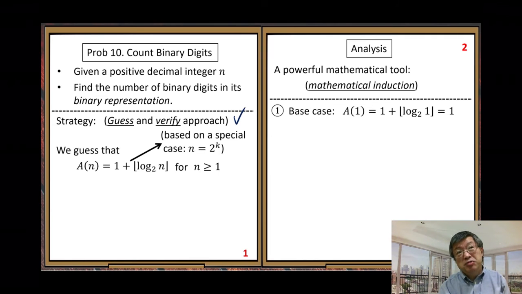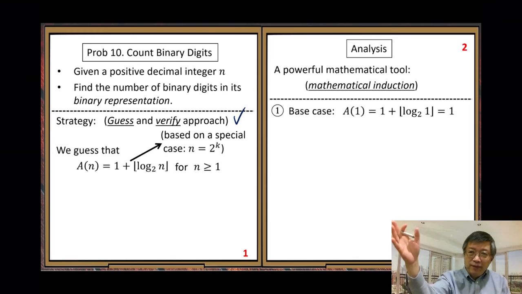So we can make a special treatment: A of 1 comes from 0 plus 1. How about that? Although it's a redundant addition, 0 plus 1, in order to make the formula look good, let us make that. All right, A of 1 equals 1.